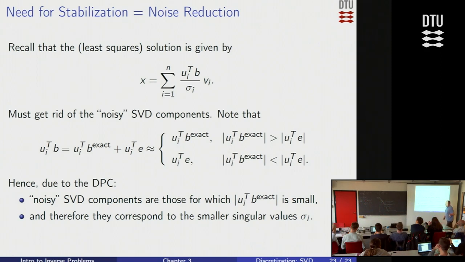For the small indices, when the exact coefficients are larger than the noise coefficients, we can approximate them by these. And for large indices, we can approximate these coefficients by the noise coefficients.